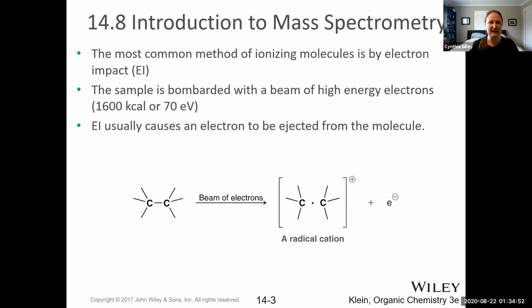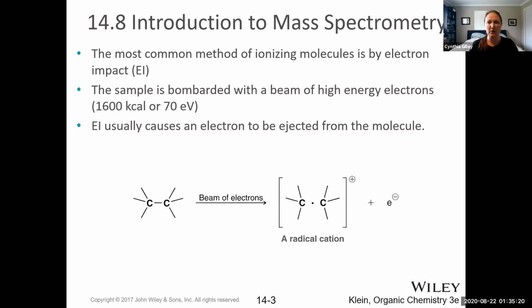Instead of EI for electron impact, you might hear about ESI, which stands for electrospray ionization, and also APCI, which stands for atmospheric pressure chemical ionization. So there are multiple ways of generating ions on compounds that can then pass through the magnetic field, be deflected, and reach the detector.